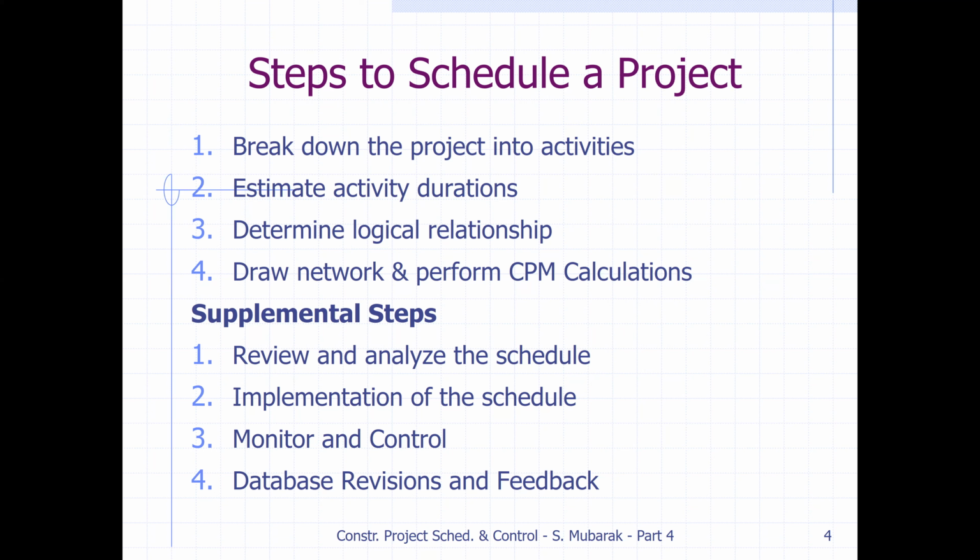Actually, all these points, 4+4 points, we are going to discuss in detail. Number 3 of the supplementary steps is monitor and control, and number 4 is database revision and feedback. So with this, let's move to the first step, which is to break down the project into activities.